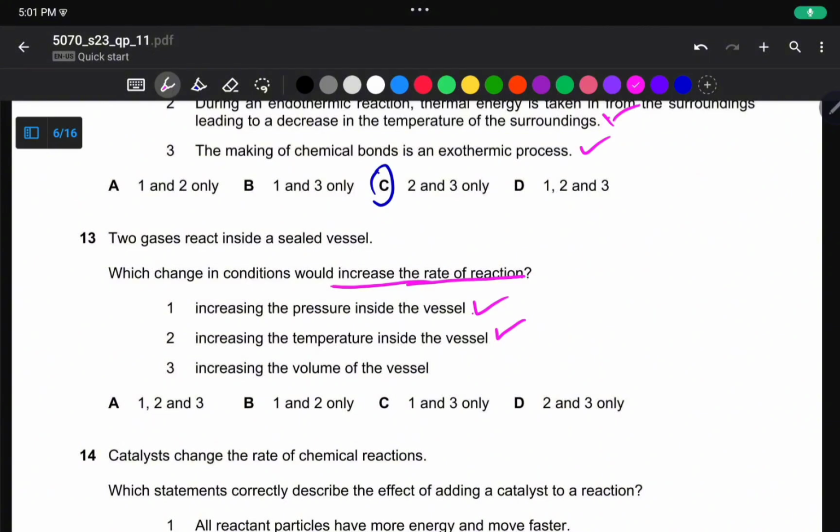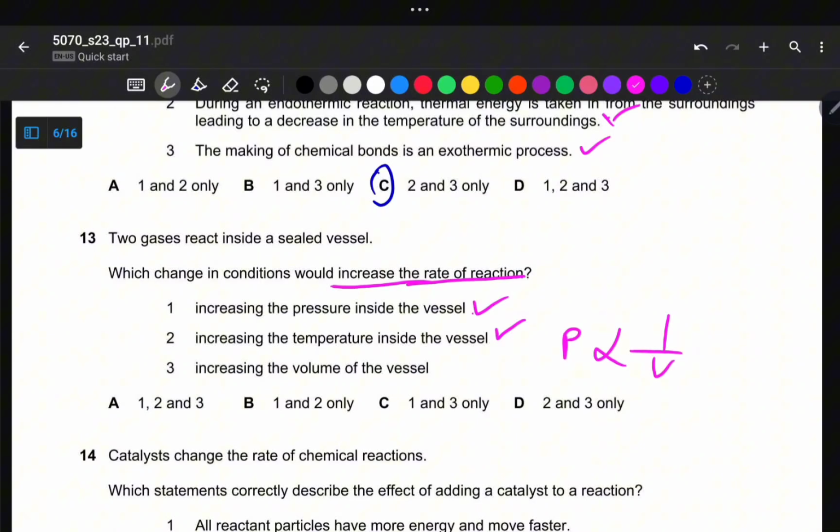So statement number 3 says increasing volume of a vessel. So volume and pressure, they are connected by what we call Boyle's law. So Boyle's law says that pressure is inversely proportional to volume. So P is inversely proportional to V. So when we increase the volume, we therefore decrease pressure, thereby decreasing the number of effective collisions.